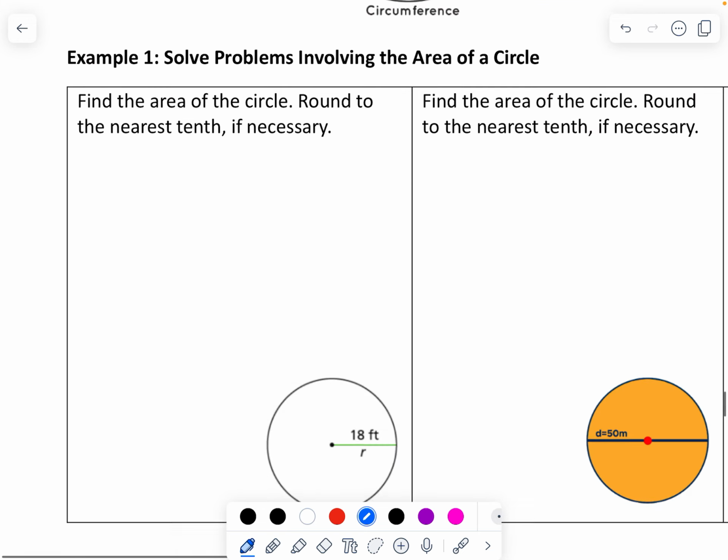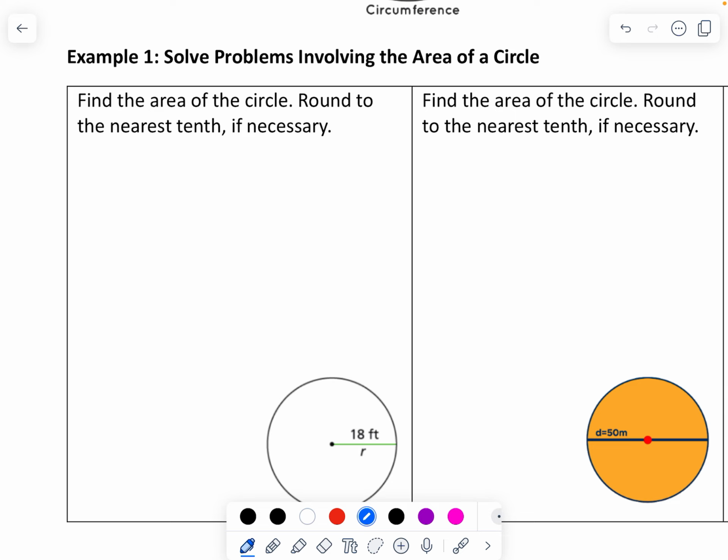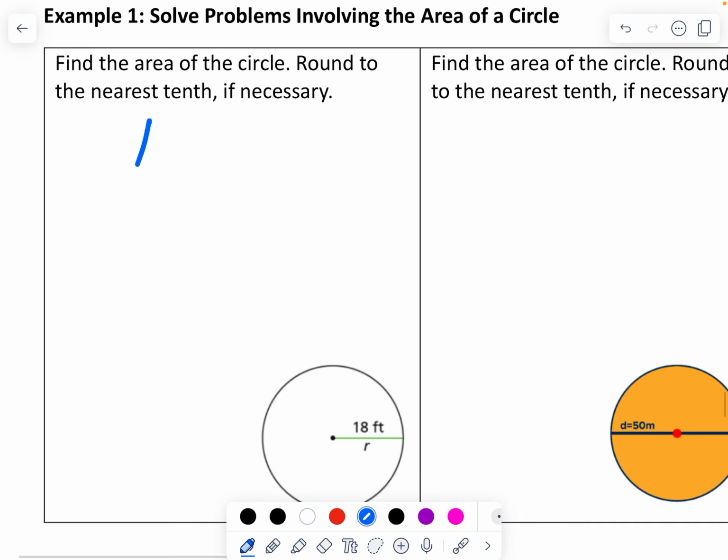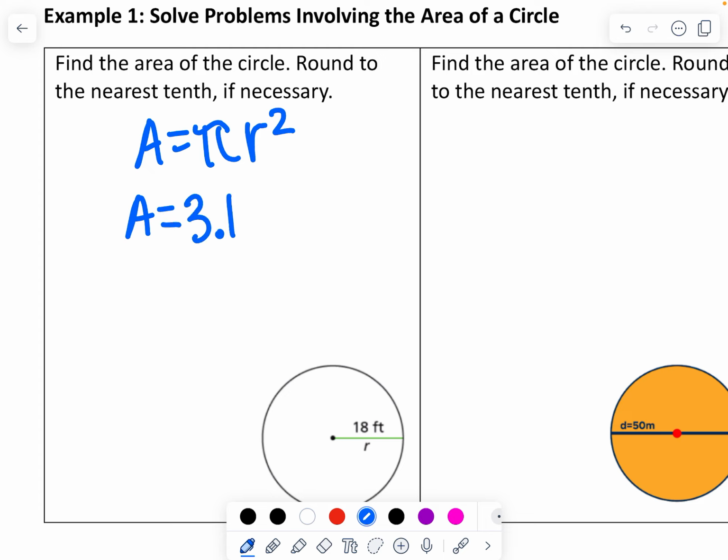Find the area of the circle, round to the nearest tenth if necessary. Our formula is A equals pi r squared. I know that we're trying to find area, so we have A equals, and then pi is 3.14, and our radius, it gives us, is 18, so times 18 squared.